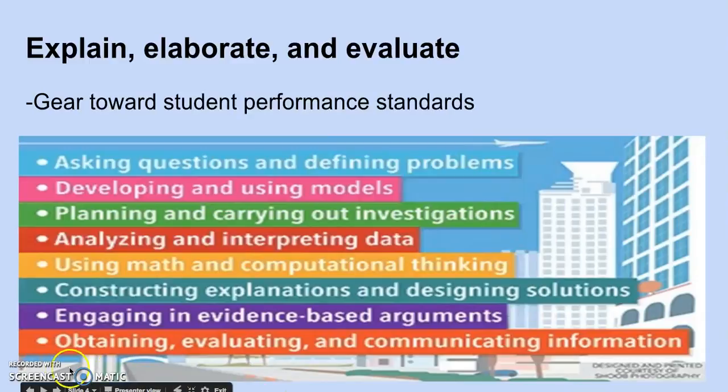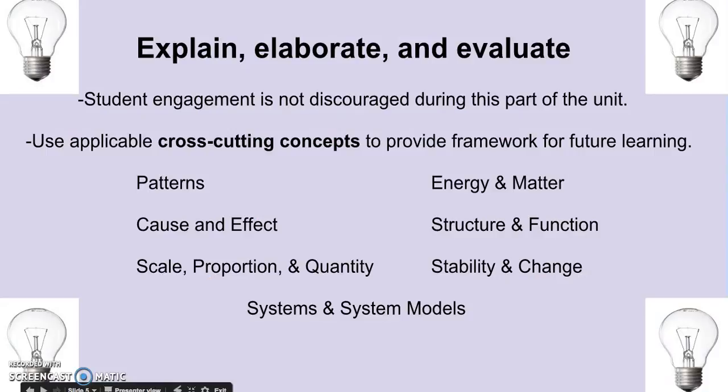Some more notes on these final 3 E's: explain, elaborate, and evaluate. Student engagement is not discouraged once you get past the engage part. It just happens to be the order that the 5 E's have. You are definitely not discouraged from having student engagement after you explain. I'm sure there's a myriad of labs and hands-on activities that you could then put in there.